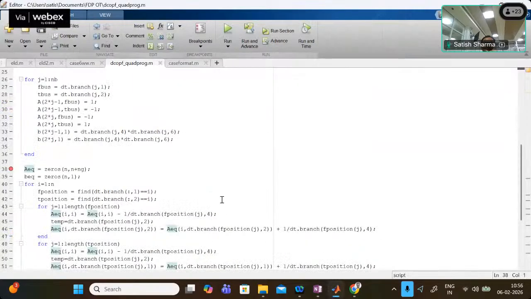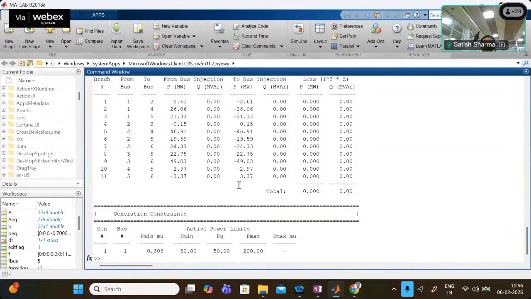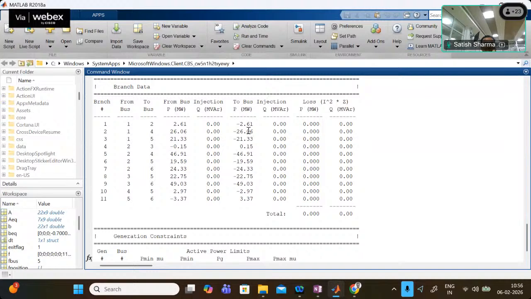So who can tell me what issue is there, and who can debug this particular code and solve it, and verify these MATPOWER results. One more thing: here as well, if you see, these are the power flows. Let me see if we have violated any of the power flow.